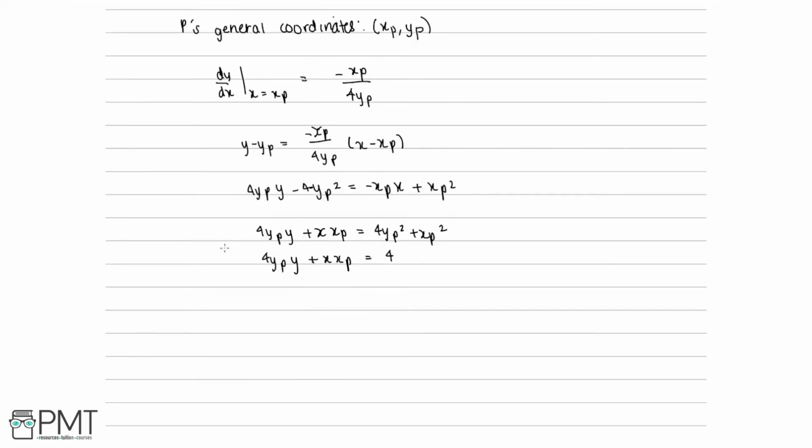Because we have an equation for P over here, if we let Q's general coordinates be xq, yq, we can actually obtain a similar equation for Q as we did for P, because we would just need to change the yp and the xp for xq and yq and use our same working again. So we have 4yqy plus xxq is equal to 4.